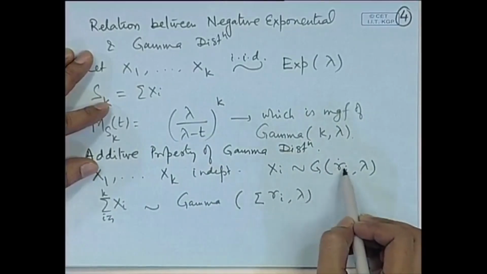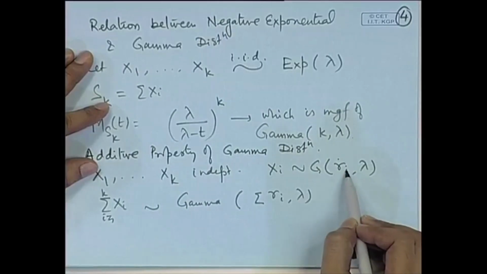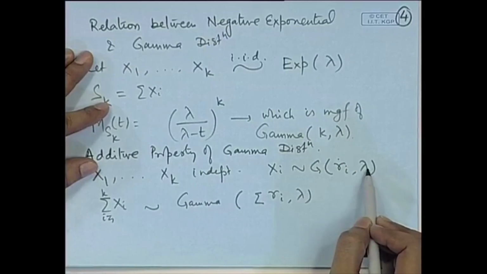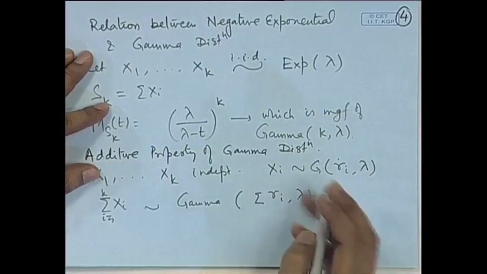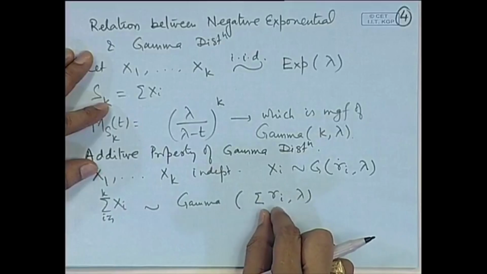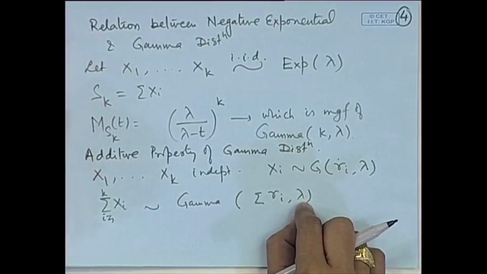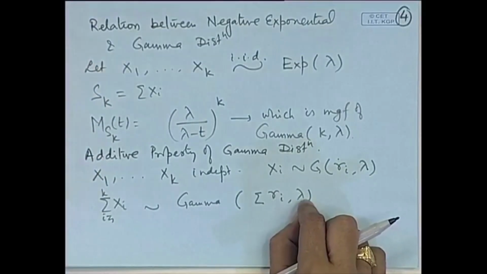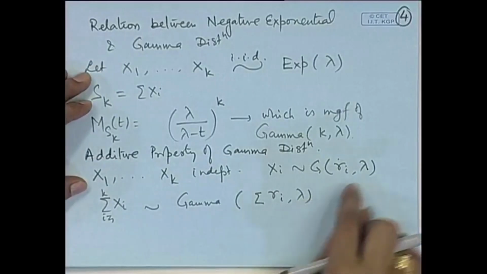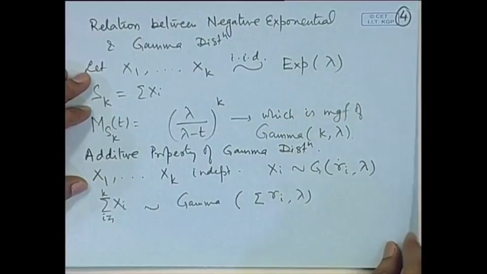Because here we can consider Xi as the waiting time for the first time ri-th occurrence in a Poisson process with rate lambda. So, when we add these timings, it is the total waiting time for sum of ri occurrences in a Poisson process with rate lambda. Therefore, this gamma distribution also satisfies an additive property, provided the Poisson process parameter remains the same.